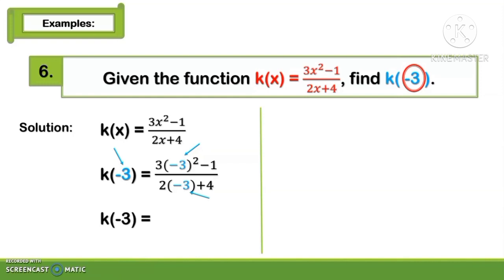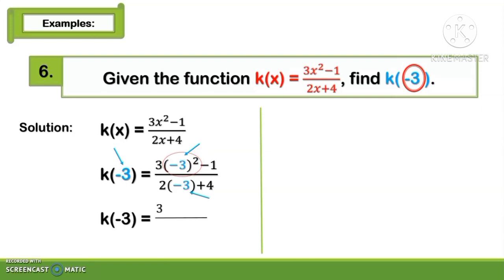Bring down lang natin si k of negative 3. Now, paano natin ito isi-simplify yung nasa right side? Mag-start tayo dun sa numerator or yung mga nasa taas. Yung mga nasa taas, ang una nating isi-simplify ay yung may exponent, which is negative 3 squared. Therefore, i-bring down muna natin si 3.